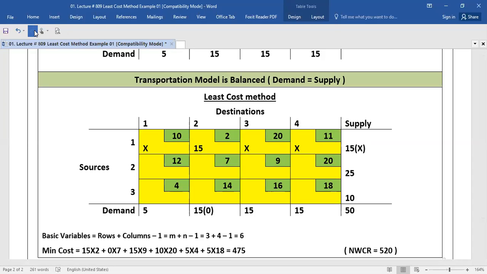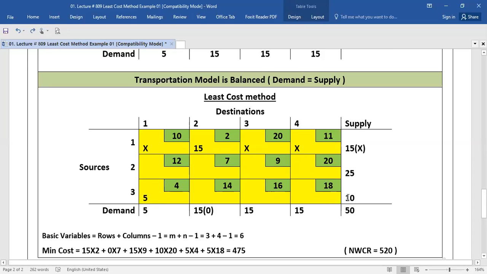Now we move to the next allocation. We see which one is the least cost in the remaining cells. Here we have 4 as the least cost. You see that we have demand 5 and supply 10, so 5 was the minimum.